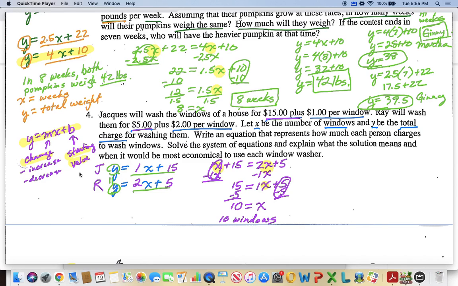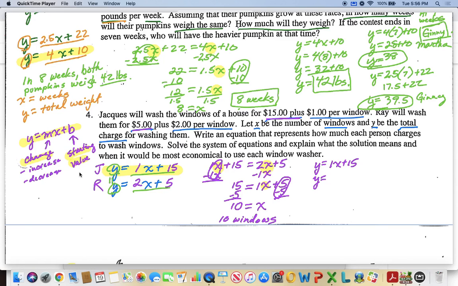So when somebody has a house with 10 windows, then Jacques and Ray are the same price. But what is that price? Let's plug this 10 windows into one of their original equations. I think I'll just use Jacques. So that is y equals 1x plus 15.